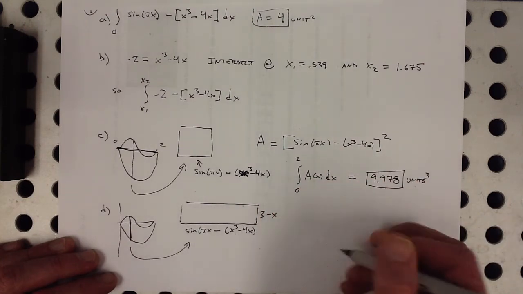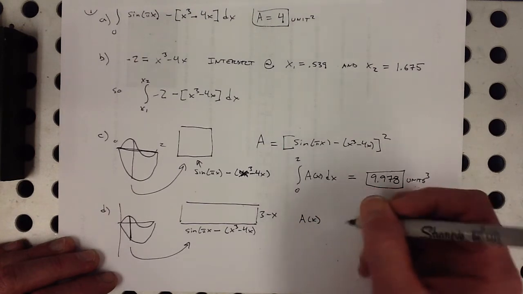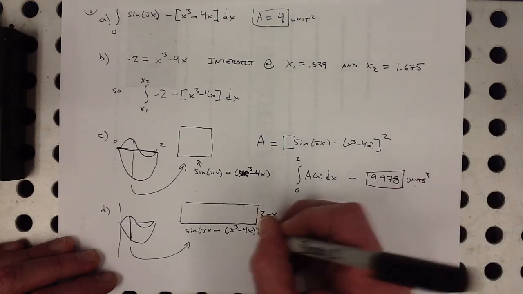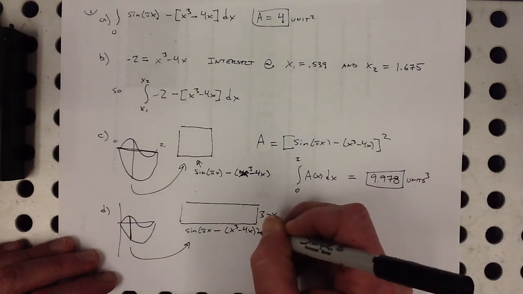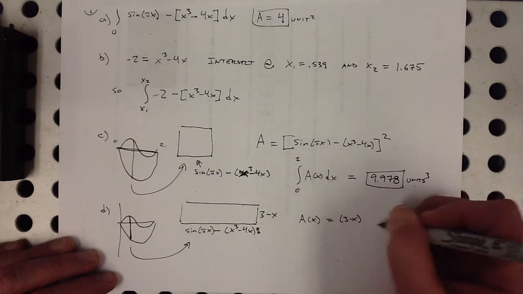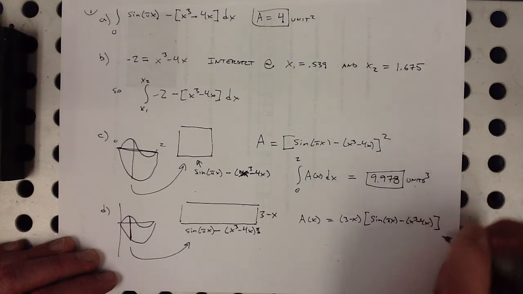So the area of that rectangle now, as a function of x, is this expression here. Oops, I forgot a parentheses there. It's 3 minus x times the sine of pi x minus x cubed minus 4x.